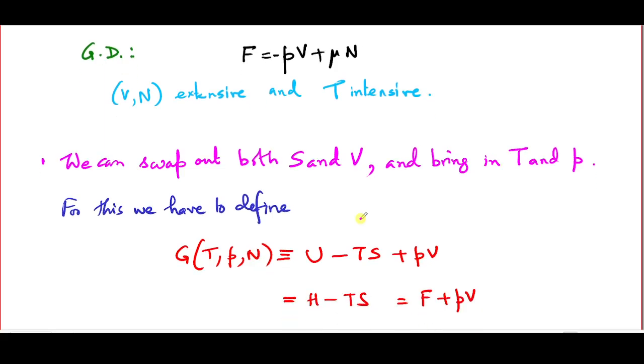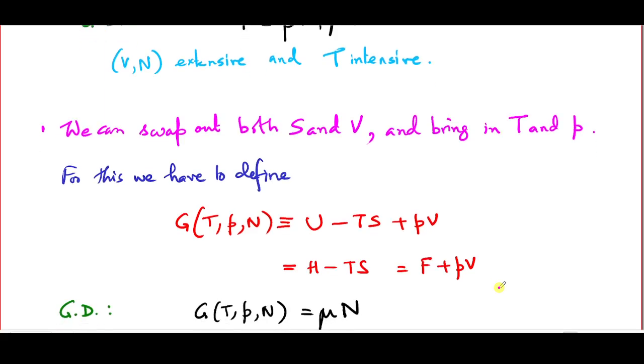There are other ways of expressing this of course. U plus PV being H means you can write this as H minus Ts. You can also write this as F, as we have just seen. So this is F plus PV as well. So these are all alternate ways of writing down the Gibbs potential or the Gibbs free energy.